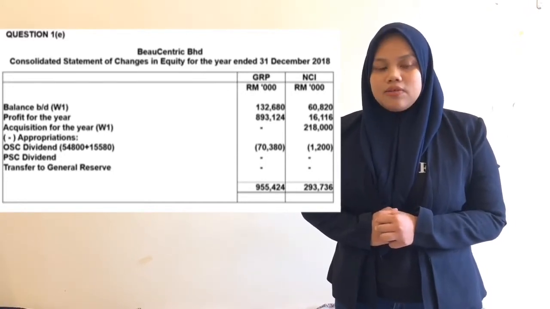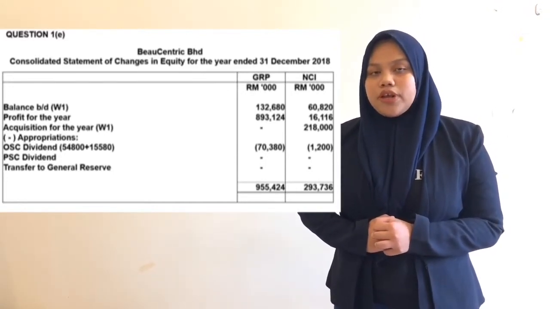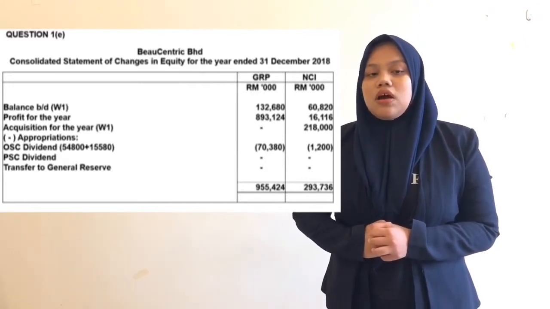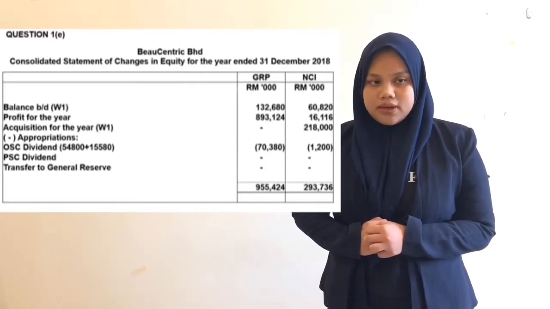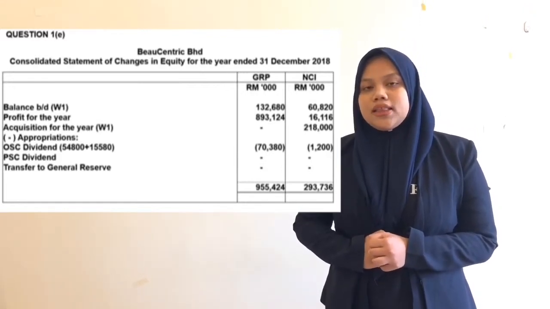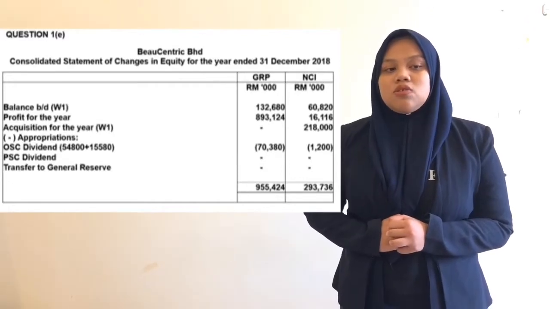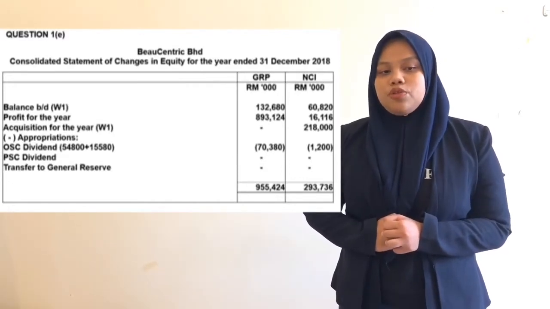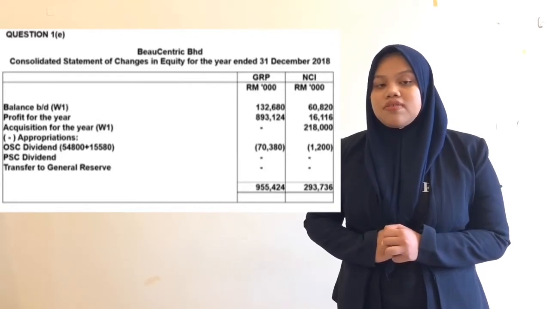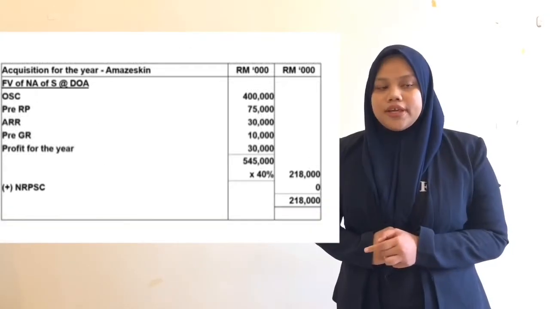For NCI, balance b/d is 60.82 million plus profit for the year 16.116 million plus acquisition for the year 218 million. Then we minus OSC dividend 1.2 million, and the total is 293.736 million for the year.